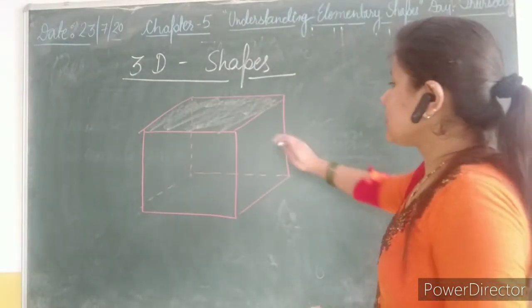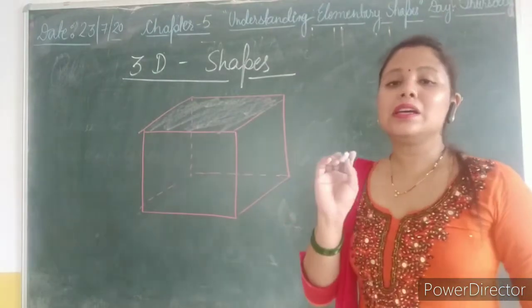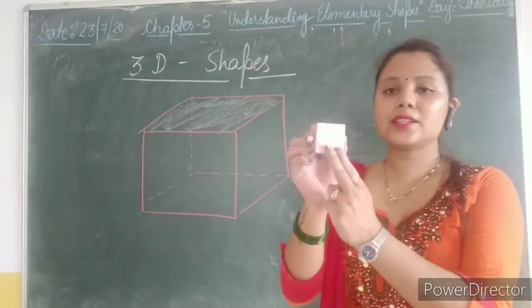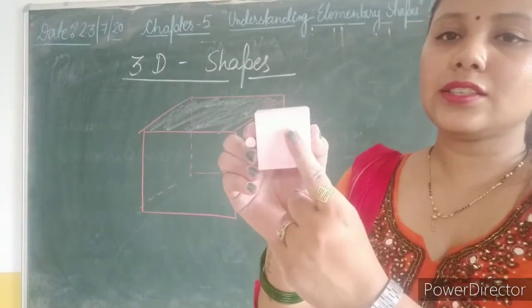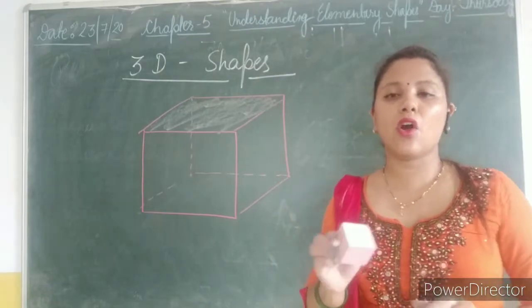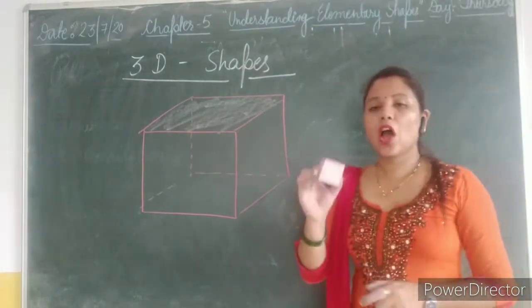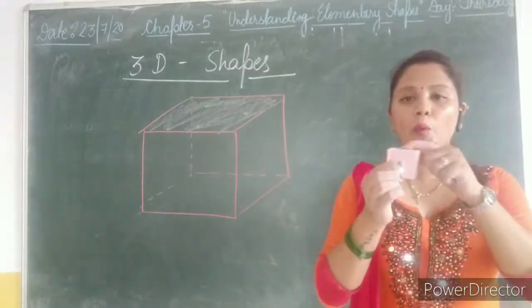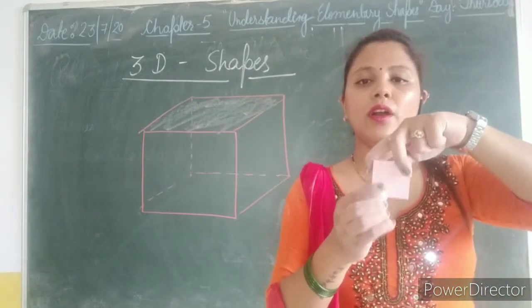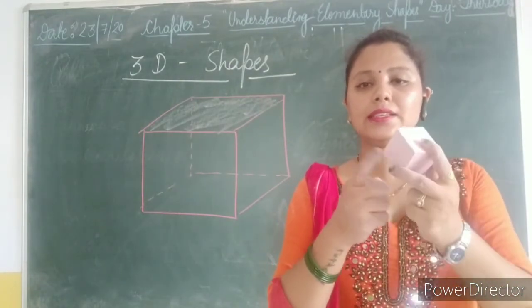So as you can see here, in that cube 6 faces are there. What is the meaning of faces? The flat surface. Okay, that is the flat surface. So these flat surfaces are called faces. Okay, so how many faces are here? 1, 2, 3, 4, 5 and 6.